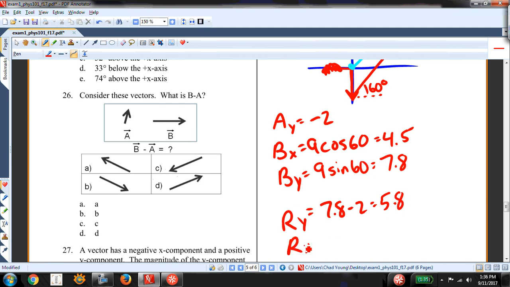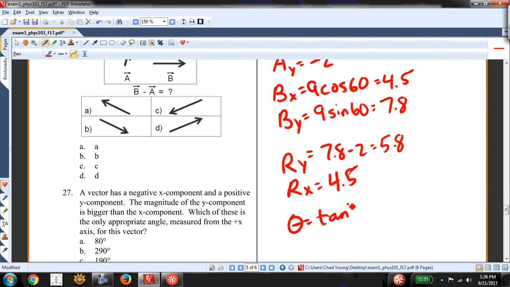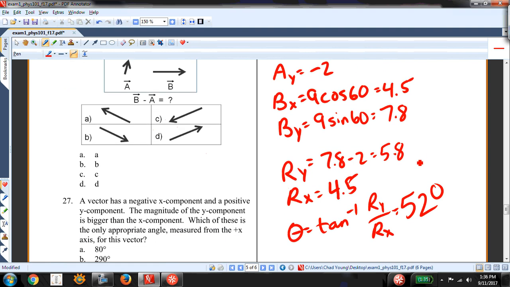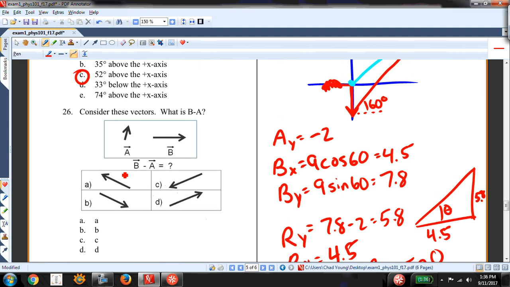And Rx is going to be 4.5. So if I want to know theta, let's say the inverse tan of Ry over Rx, which is going to be 5.8 over 4.5, get 52 degrees. That should be the answer. Yep, 52 degrees. Notice here, when I get the Rx and Ry, I had this is 4.5 and this is 5.8, and I was looking for this angle, so that's where the tan theta bit came in. So that is number 25 is C.